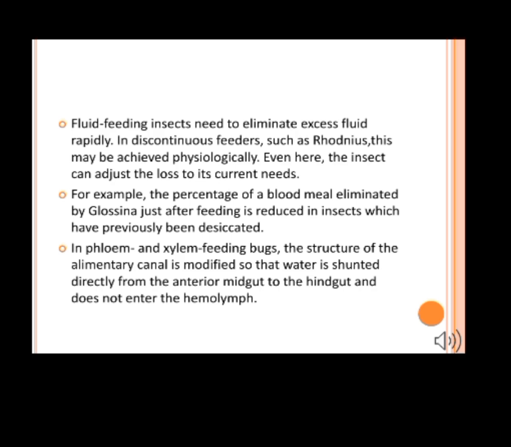Some discontinuous feeders, such as Rhodnius, take large meals at a time. After this large meal, the excess water must be eliminated to reduce their body weight so that they can move easily.